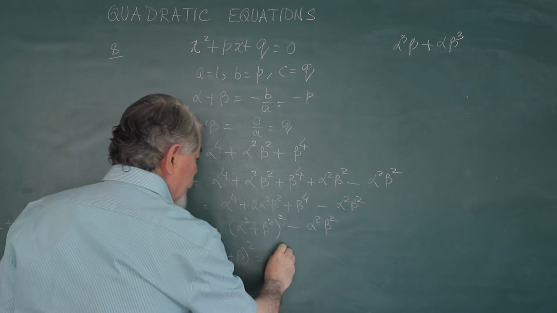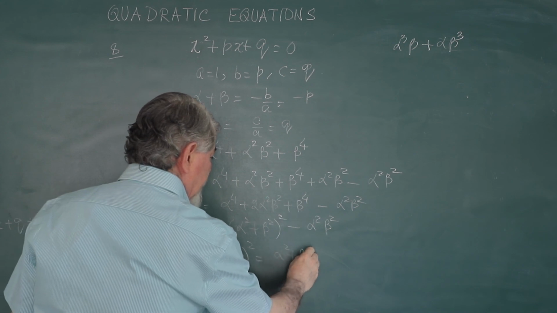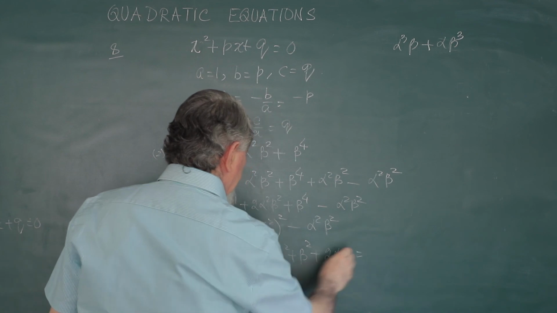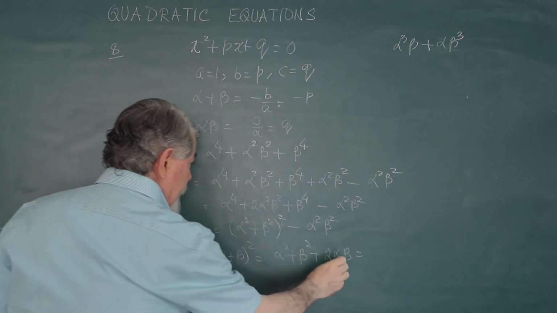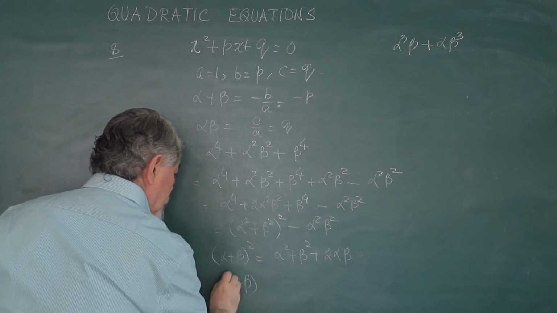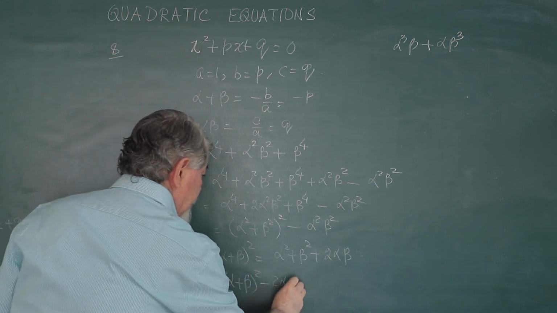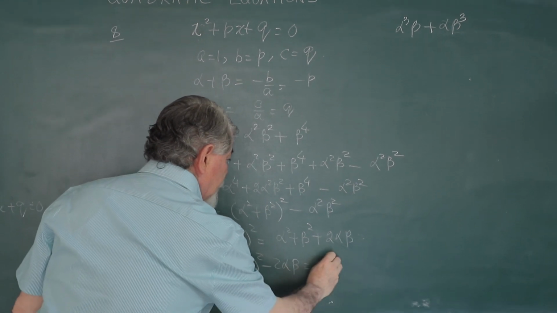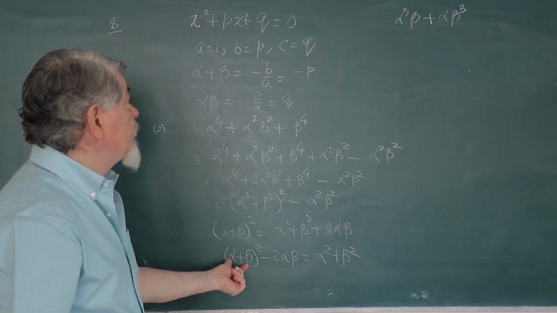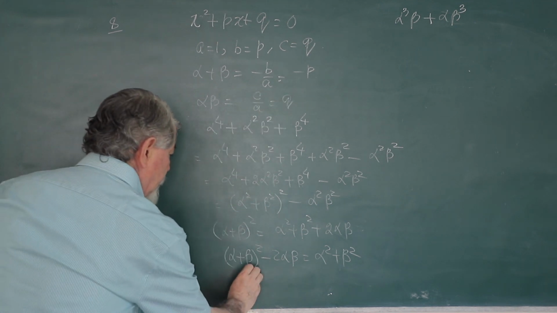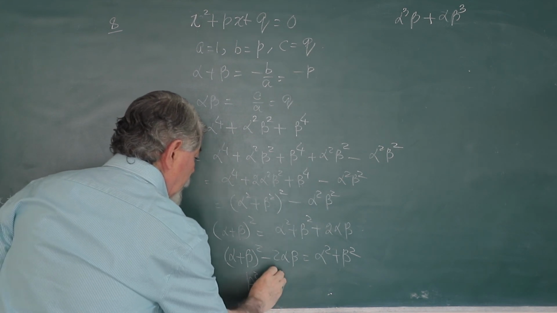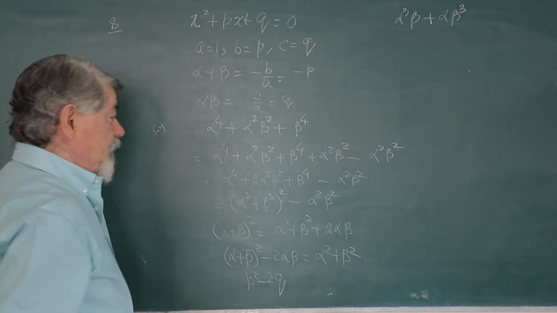Alpha plus beta whole square is alpha square plus beta square plus 2 alpha beta, which is alpha plus beta whole square minus 2 alpha beta is equal to alpha square plus beta square. The value of alpha plus beta is how much? Minus p. So p square minus 2q. This is the value of alpha square plus beta square.